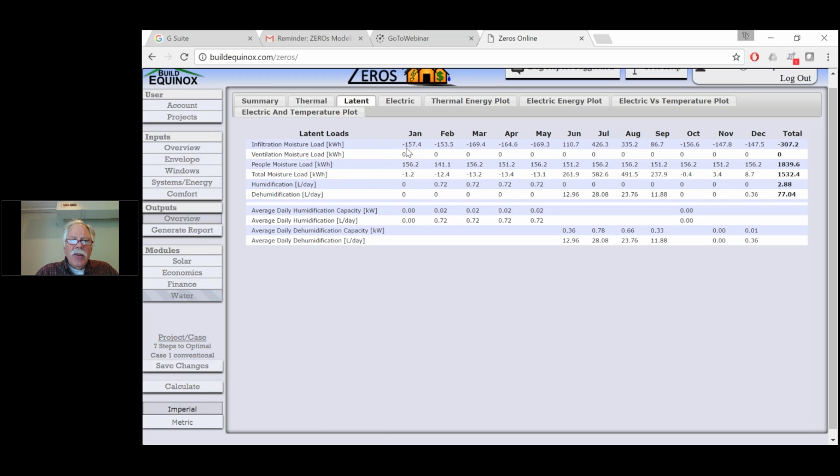So on the latent side, you can see that during January, for example, here's how much is coming in, the effective moisture load from the outside. Here's the moisture in an energy quantity as far as the human load. So you take the water that's coming off of people going into the air, and it turns out in January for our area, these are just about balanced.